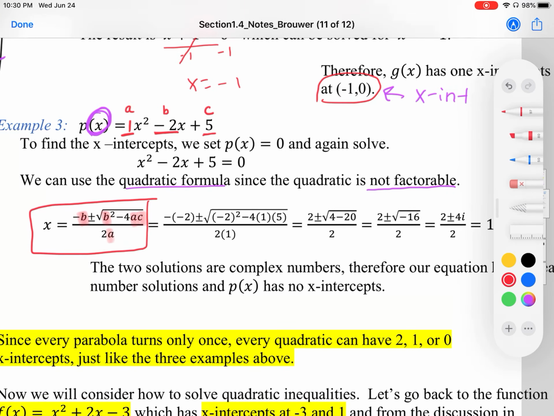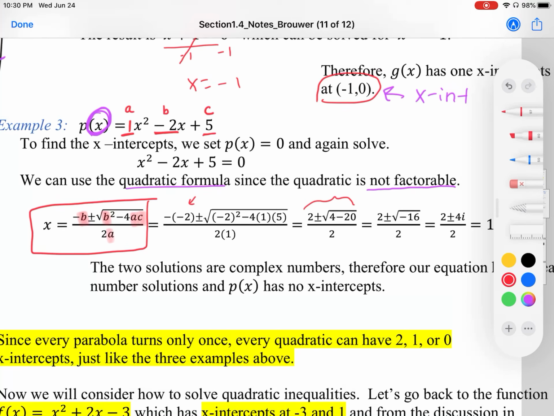So I have negative of negative 2, plus or minus the square root of negative 2 squared minus 4 times 1 times 5. All of that's going to be divided by 2 times 1. All right, let's simplify. Negative 2 squared is 4, minus 4 times 5 is 20. So far we have 2 plus or minus the square root of 4 minus 20.